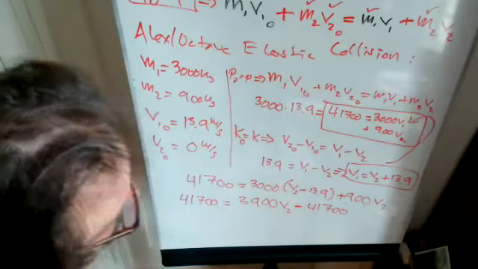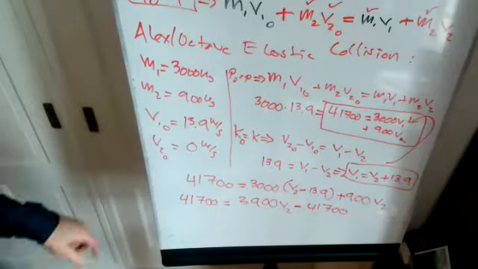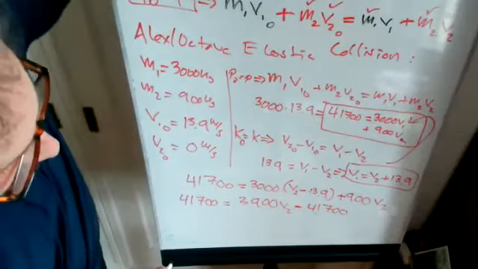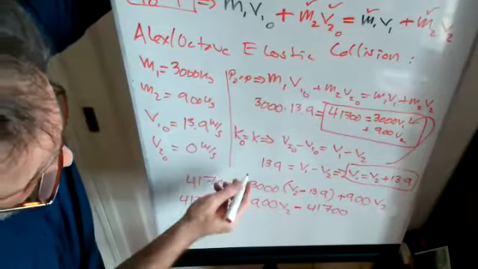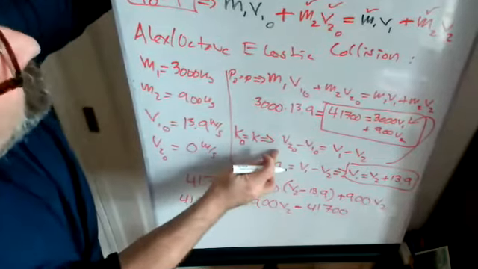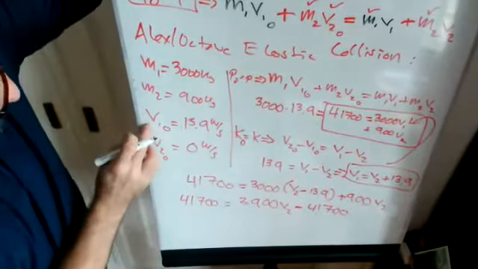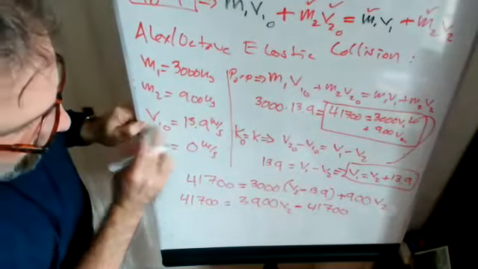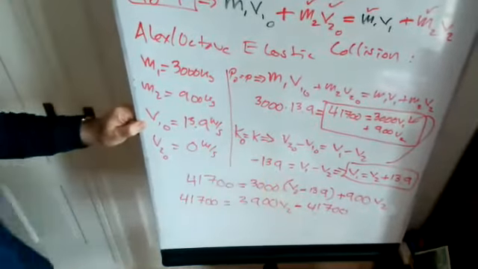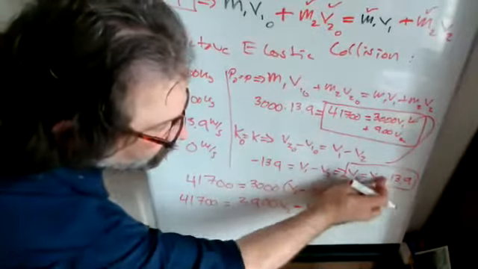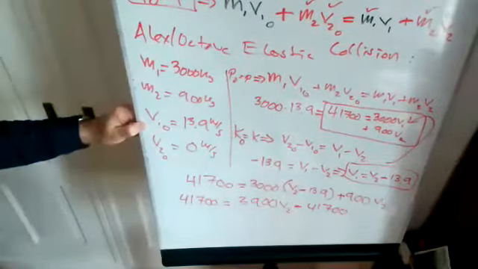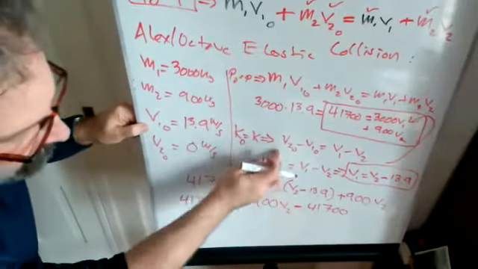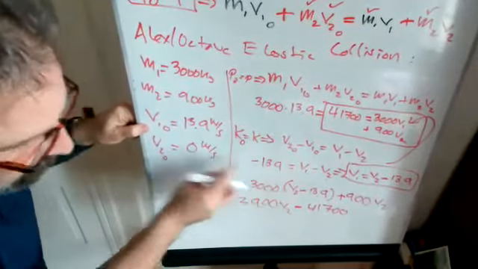Oh, yeah, that's where the negative sign is, because V10 is 13.9. That's where it got messed up. V20 minus V10 is minus 13.9.